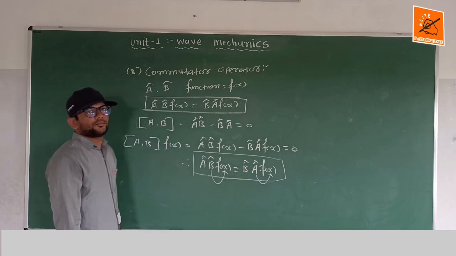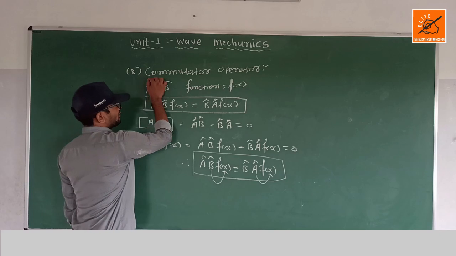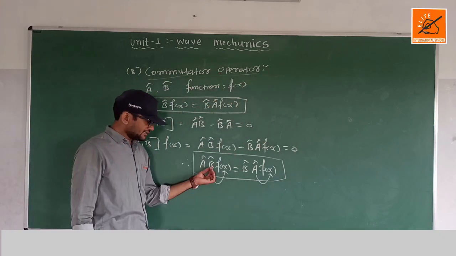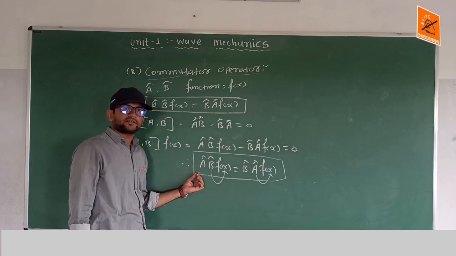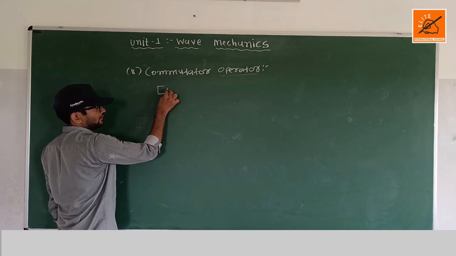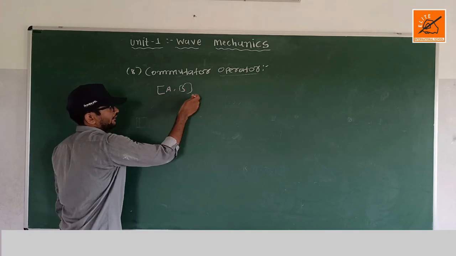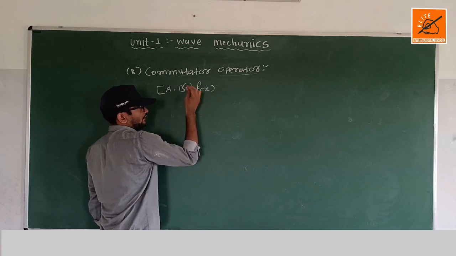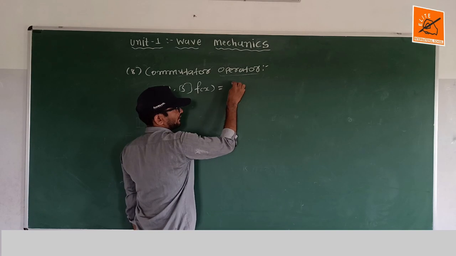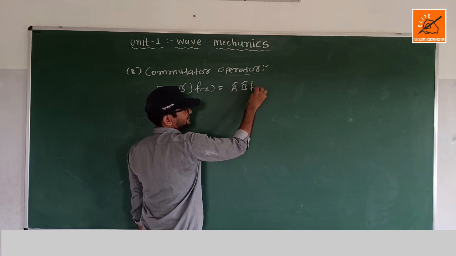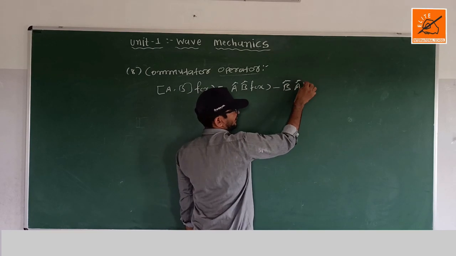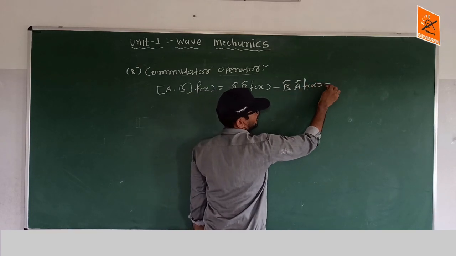Then this type of operator is known as a commutator operator, and this property of these operators is known as the commutator property. So for a commutator operator, a cap b cap f(x) minus b cap a cap f(x) is equal to 0.